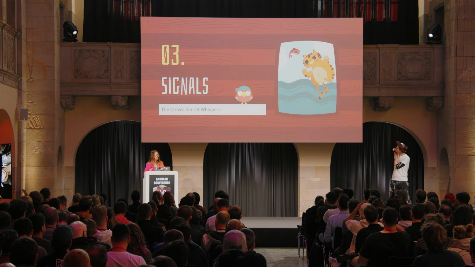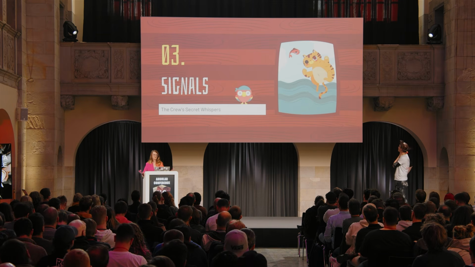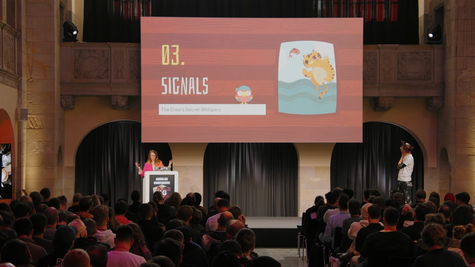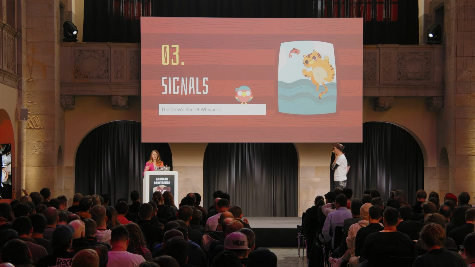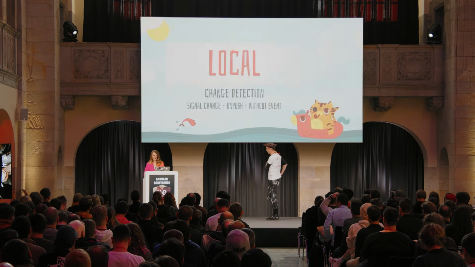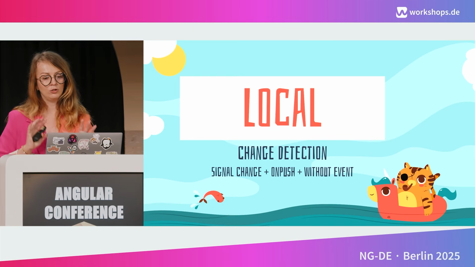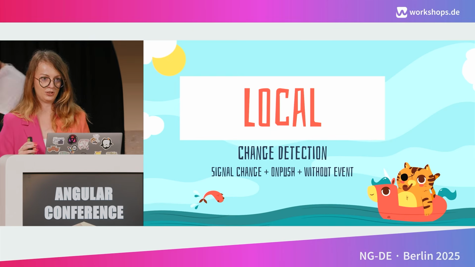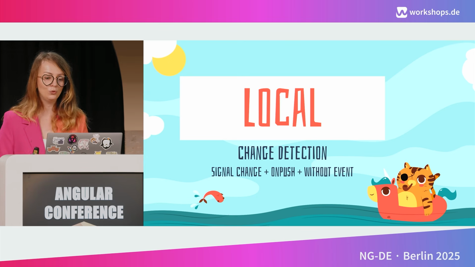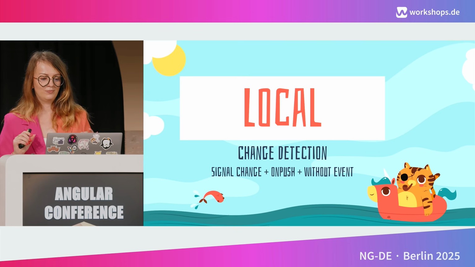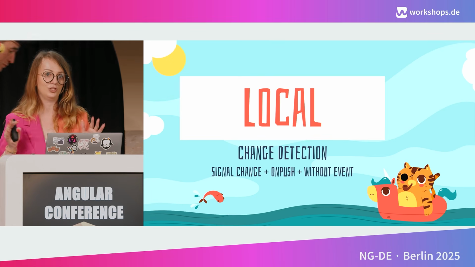Okay, but let's move to the signals, because signals are our future, new reactivity, and so on and so on. But they also give us one more thing. We can achieve some local change detection, but we have to fulfill a few conditions. First, our application needs to use onPush change detection.